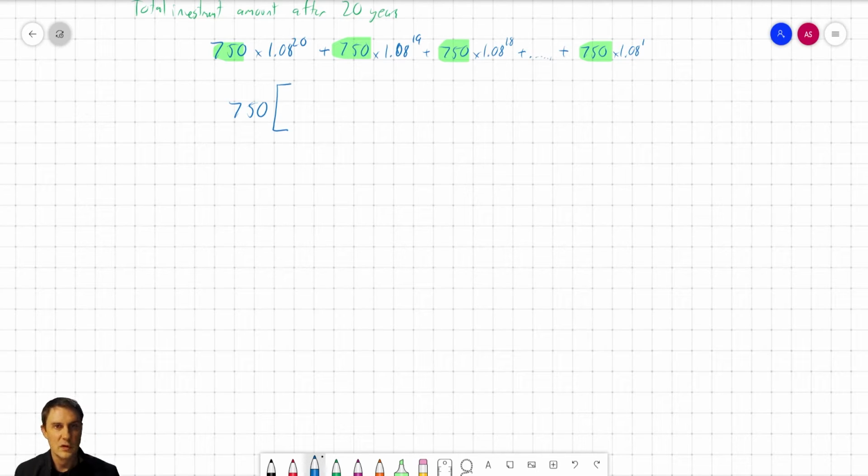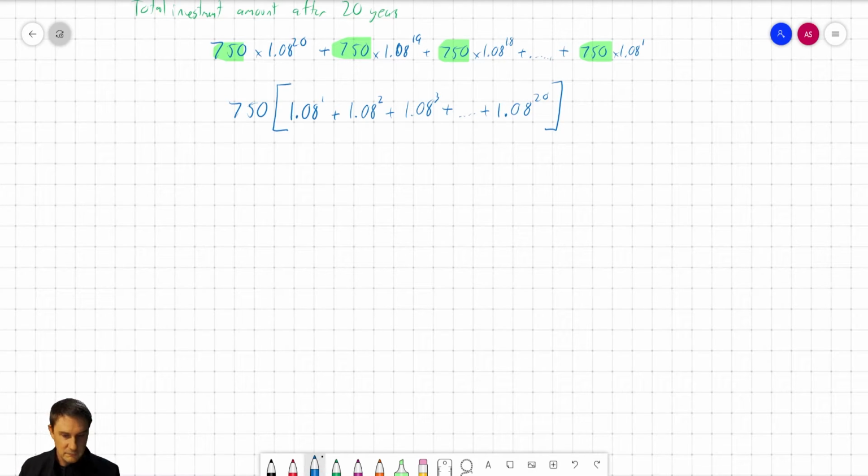I want to put the smaller one at the beginning and the larger one with the higher power at the end. So I'm going to put 1.08 to the power of 1, and because I factorized it, it's just plus. Then 1.08 to the power of 2, plus 1.08 to the power of 3. And I've got my 3 in a row here, so I've established my pattern. So then I can jump ahead to the last one, which is going to be 1.08 to the power of 20.